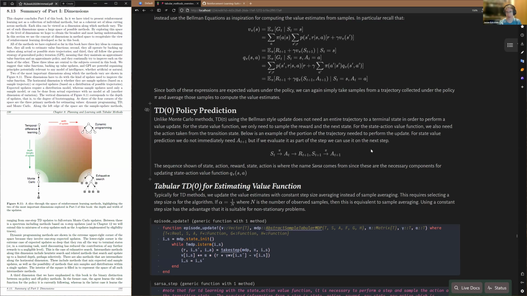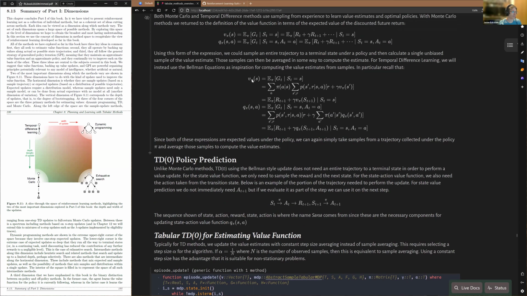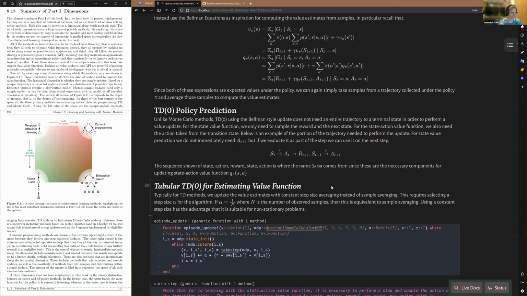Normally in Monte Carlo learning, we would go on for a long distance. But if we are using this form of the value estimate equation, we don't need more than this, which means we can already start to compute updates to the value function from just this amount of trajectory.